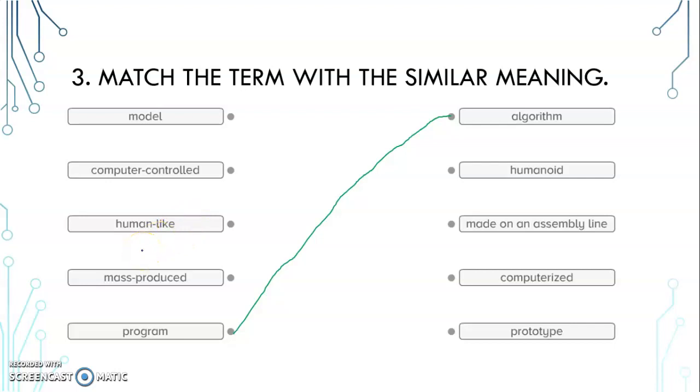Now, what other can be difficult for you? I think all the rest are easy. Maybe computer control can be confused, I think, but maybe not. The answer is computerize. Okay, so you underline.